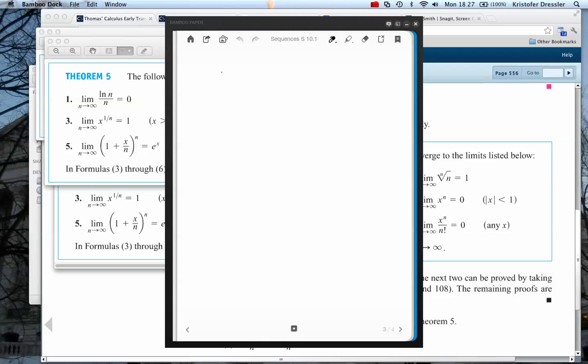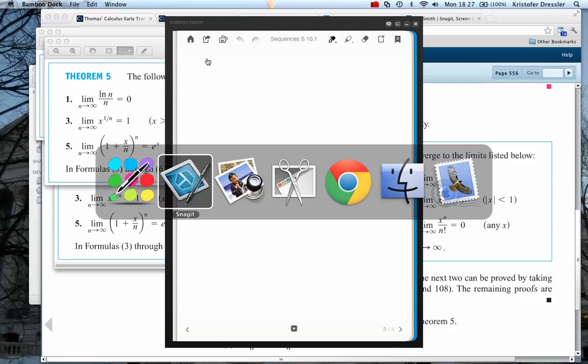So let's charge ahead here. There's a few rules. Page 553, theorem 1. I'm going to pause this and get an image of this for you.